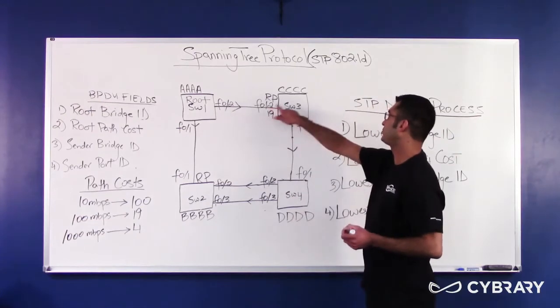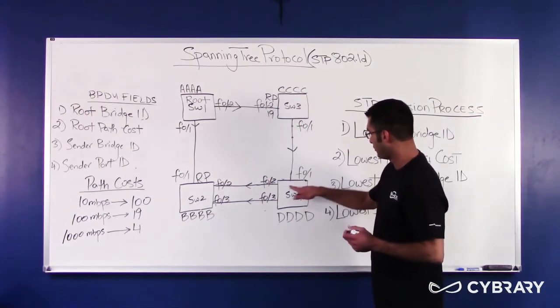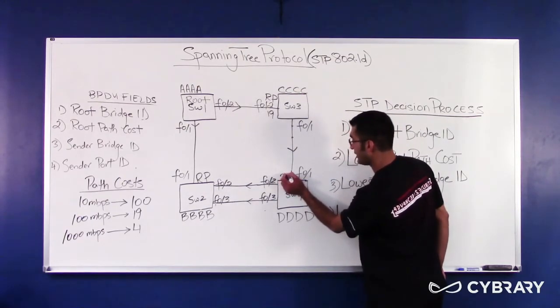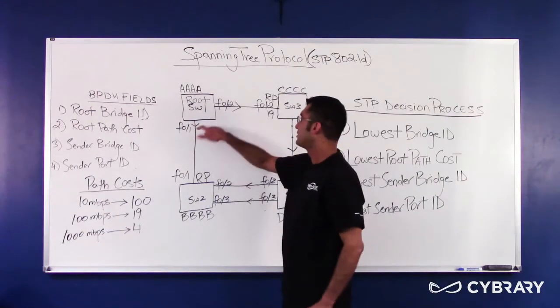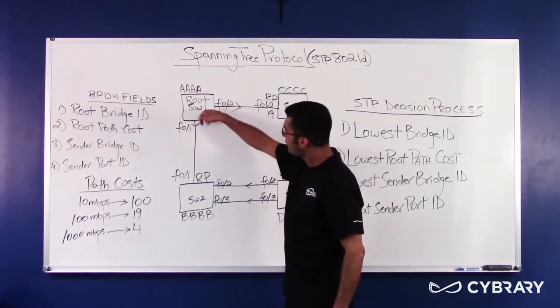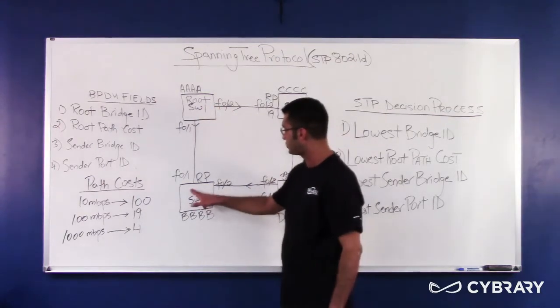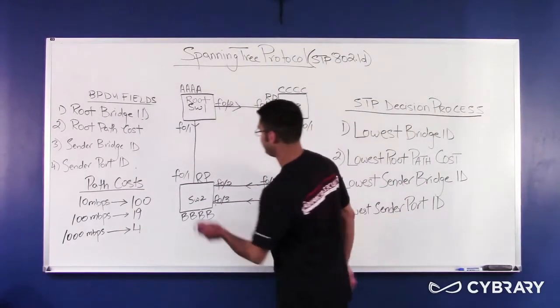And then the BPDU traverses switch 3, leaves switch 3 F0/1, and the BPDU enters switch 4 F0/1, and the cost is incremented to 38. The other BPDU, the root sent out, left port F0/1 with a root path cost of 0 and enters switch 2 F0/1, and the cost is incremented to 19.